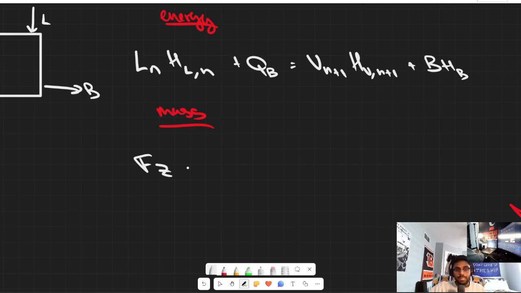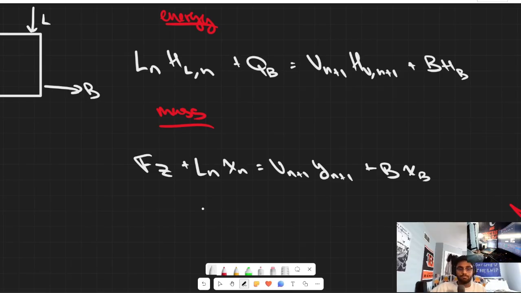The rest of it is similar. So Ln Xn, plus, we don't have a heat term anymore, that's gone. So now we also have a Vn plus 1 times our Yn plus 1, plus our bottoms times that bottom mole fraction.